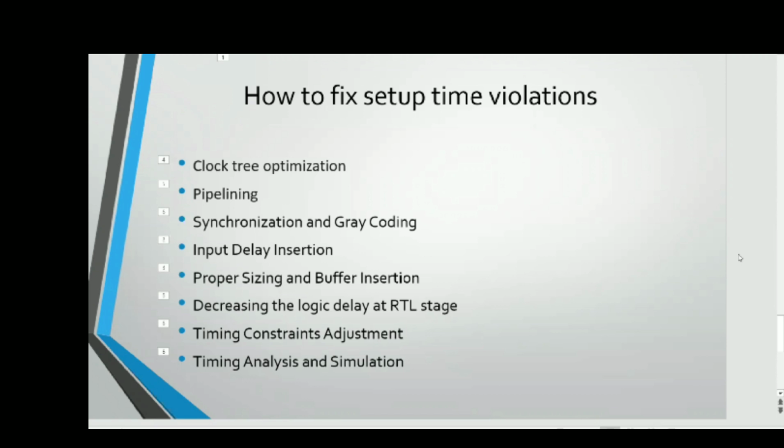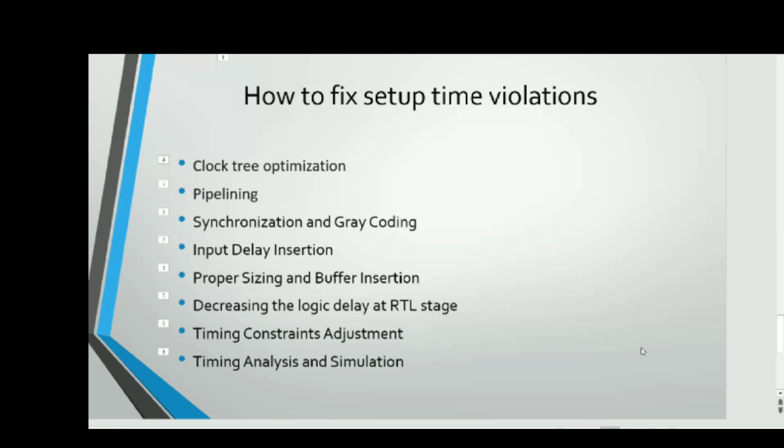Then we can go for synchronization and gray coding. So in designs with asynchronous input, or where you have a cross domain crossing, like earlier we have discussed, when your data is moving from one domain to another domain, then you can implement synchronization techniques like two flip-flop synchronizers, mux based synchronizers, different synchronizers we can use to ensure that the data arrives in a synchronized manner.